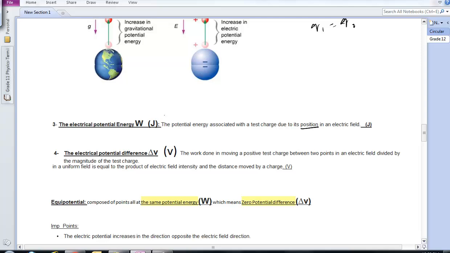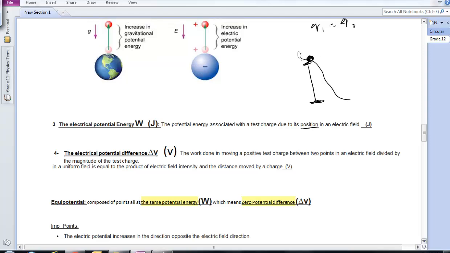Like if you looked at a stone on a mountain and you said, wow, this stone has a huge potential energy, due to its position, you didn't do anything. But if you pushed it, this means that you are doing something else. So this is the meaning of the potential difference.